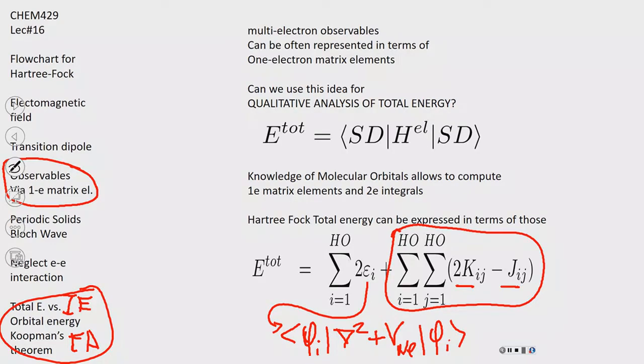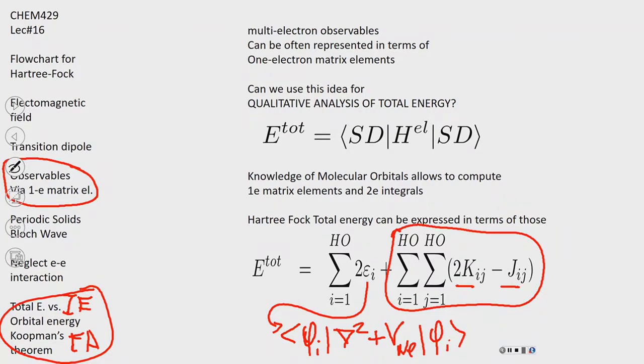If you drop Coulomb and exchange, the energy of a multi-electron state is just adding together orbital energies of all occupied orbitals. This is not correct. This is a very strong approximation, but it gives us a picture of how to interpret it.